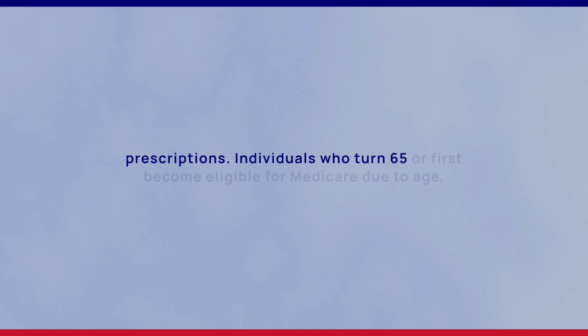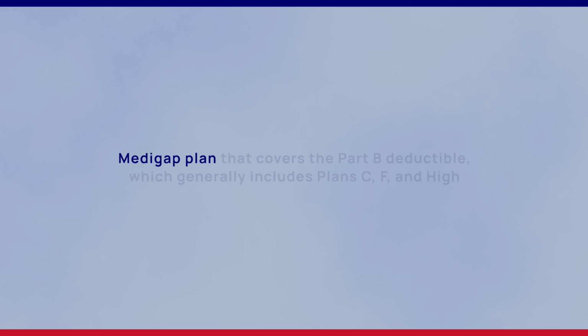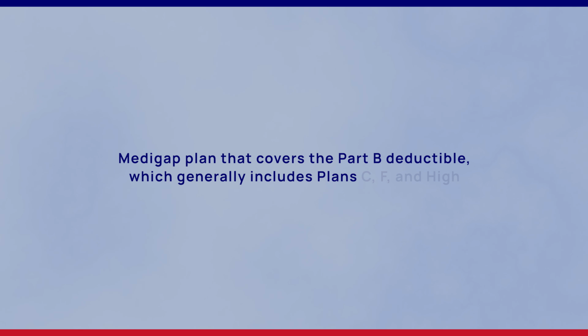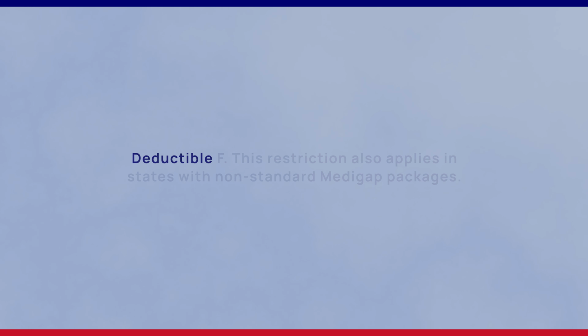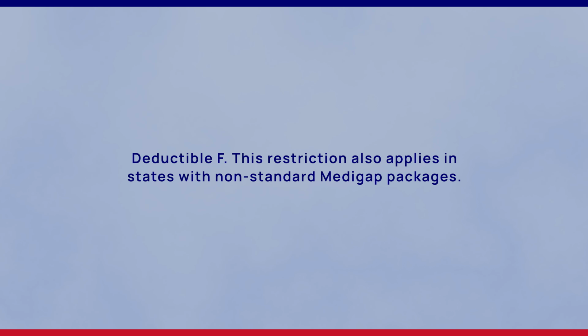Individuals who turn 65 or first become eligible for Medicare due to age, disability, or end-stage renal disease on or after January 1, 2020, cannot purchase a Medigap plan that covers the Part B deductible, which generally includes plans C, F, and high deductible F. This restriction also applies in states with non-standard Medigap packages.